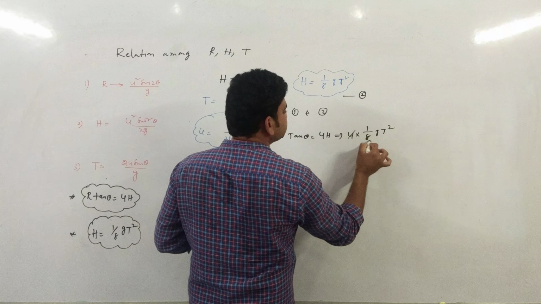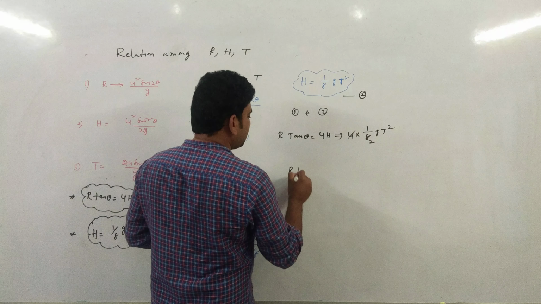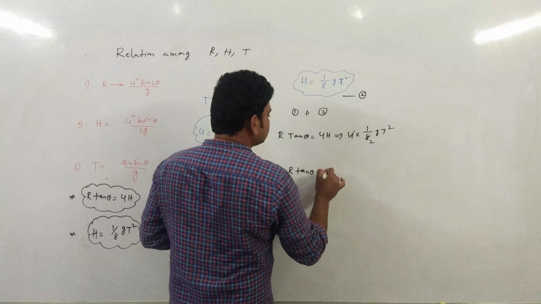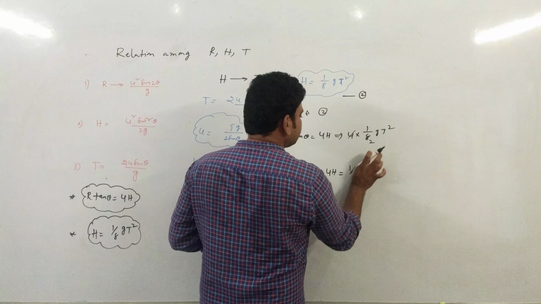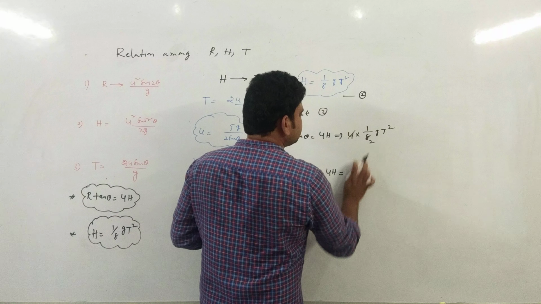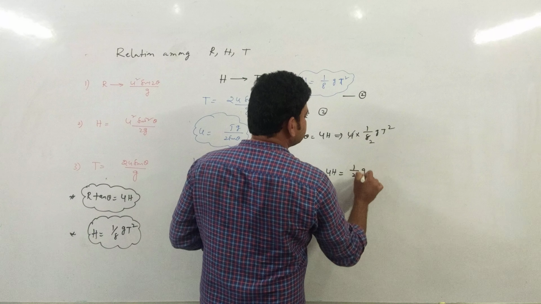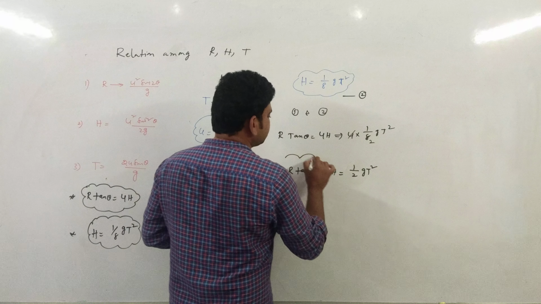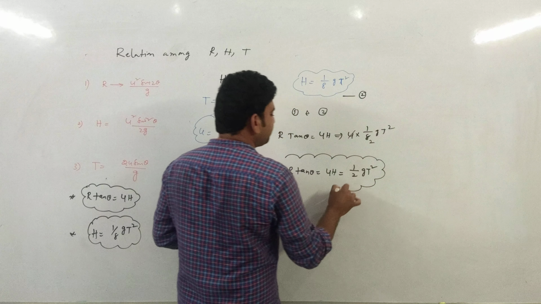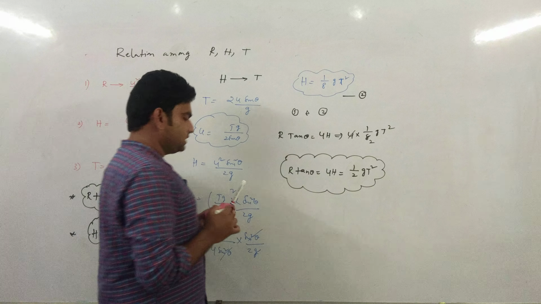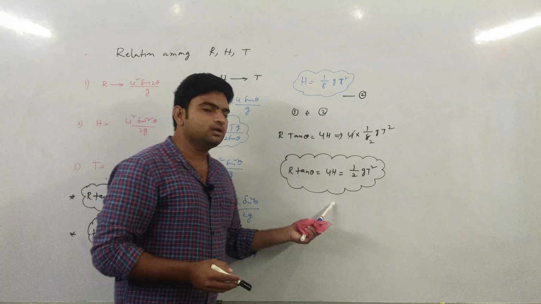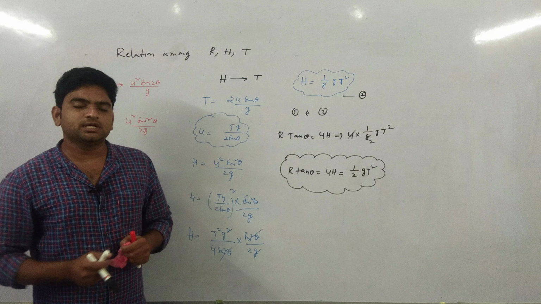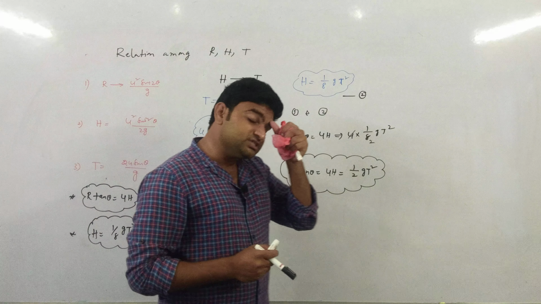Now 4 twos will go, and finally R tan theta equals 4h, which equals 1 by 2 gT square. So this is the final expression comparing my range, height and time of flight. This is the final equation here. Okay, in the next lecture we are going to see the equation of trajectory.